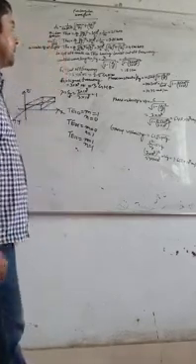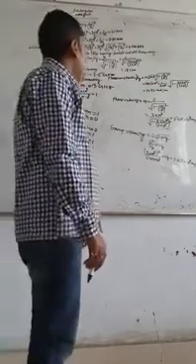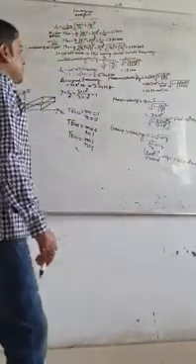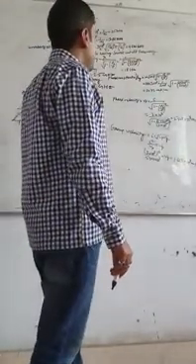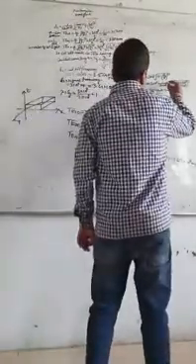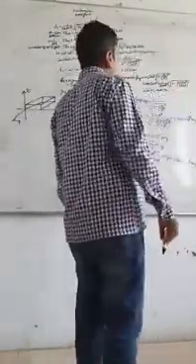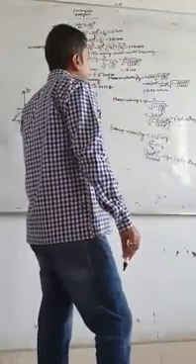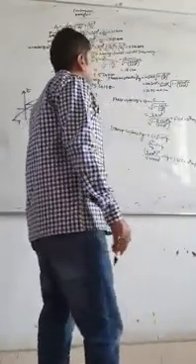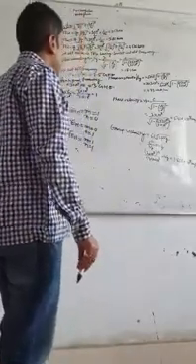So 2 pi into 3 into 10 to the power 9 into 1 by 3 into 10 to the power 8 into root over of 1 minus (2.5 into 10 to the power 9 divided by 3 into 10 to the power 9) whole square. So it is 34.73 radian per meter.